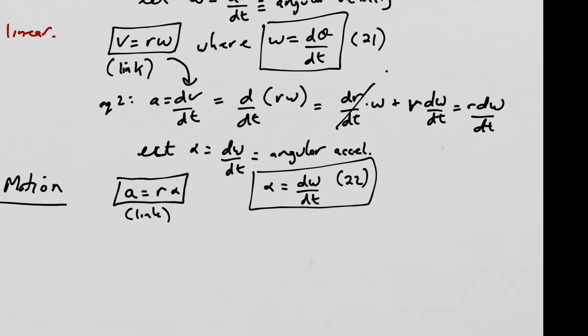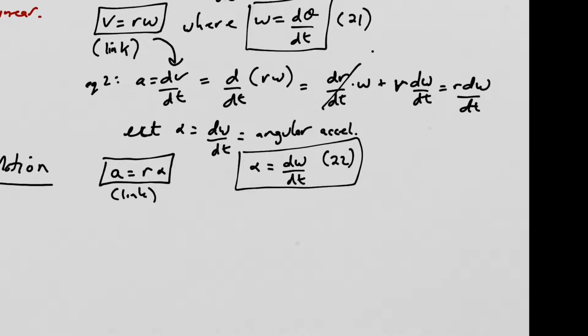If we do this again, but now to build our analogs of equations 3, 4, and 5, let's start from equation 3. Equation 3 says that v final is equal to v initial plus at. But now, in this equation, let's use the link equations for v final, v initial, and acceleration.